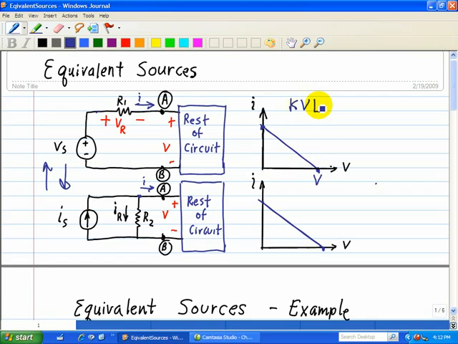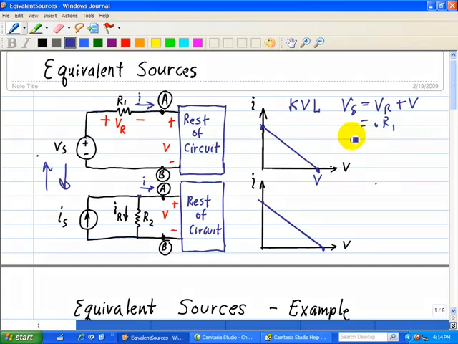Starting at this point, at the negative terminal of Vs, we have a voltage rise of Vs and a voltage drop of Vr and a voltage drop of V. So the sum of the voltage rises is Vs, and the sum of the voltage drops is Vr plus V. We can substitute Vr using Ohm's law, which is I times R1.